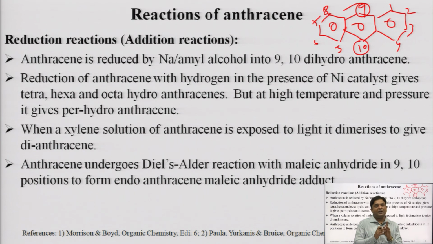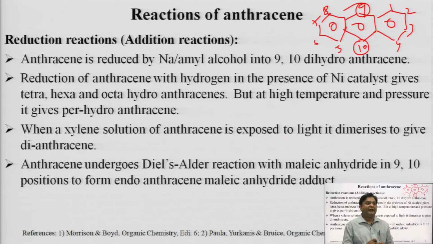Anthracene can also be reduced in the presence of a sodium catalyst. When heated with sodium catalyst, it gives first tetrahydroanthracene, then hexahydro, then octahydroanthracene, and at the last, when we use high temperature and pressure, we get perhydroanthracene, the totally reduced anthracene as the end product.